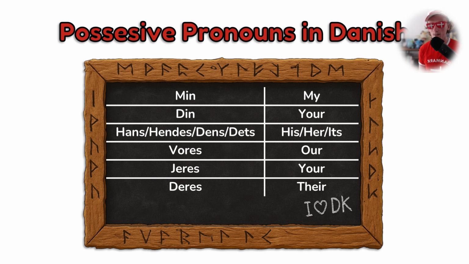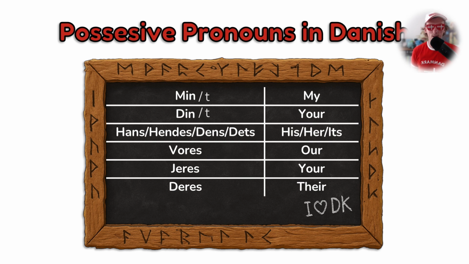Vores is our. Jeres is your. Theirs is their. Everything pretty straightforward. Only thing to notice is that min and din, the N turns into a T if it's an it word. We're going to take a look at that in the examples in just a moment.